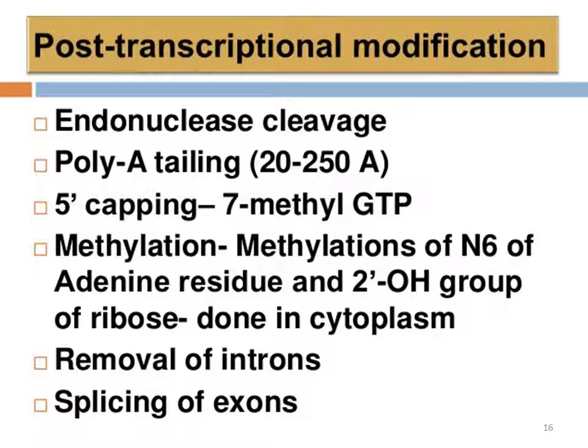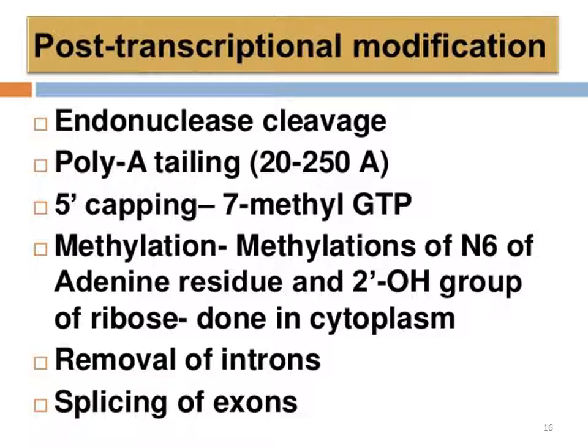For example, a poly A tail is added at the end of transcription on the RNA molecule. This tail can be from 20 to 250 nucleotides, depending on the species. Even in prokaryotes and eukaryotes, the number of poly A nucleotides can be different.